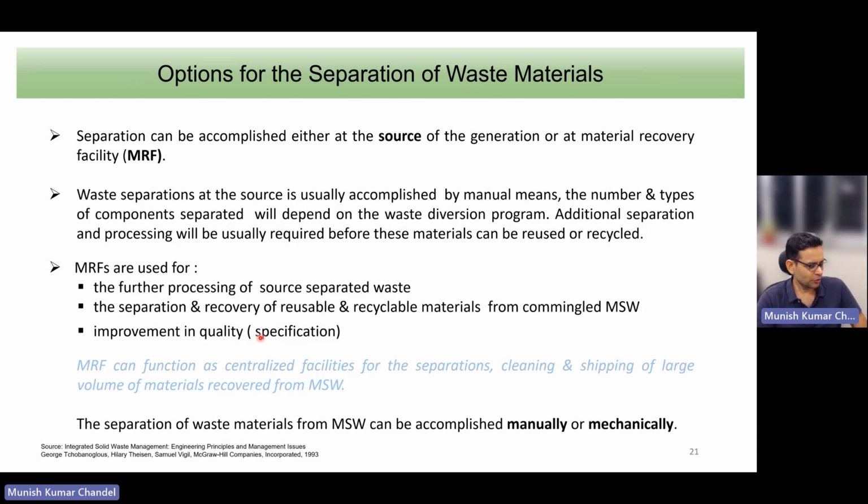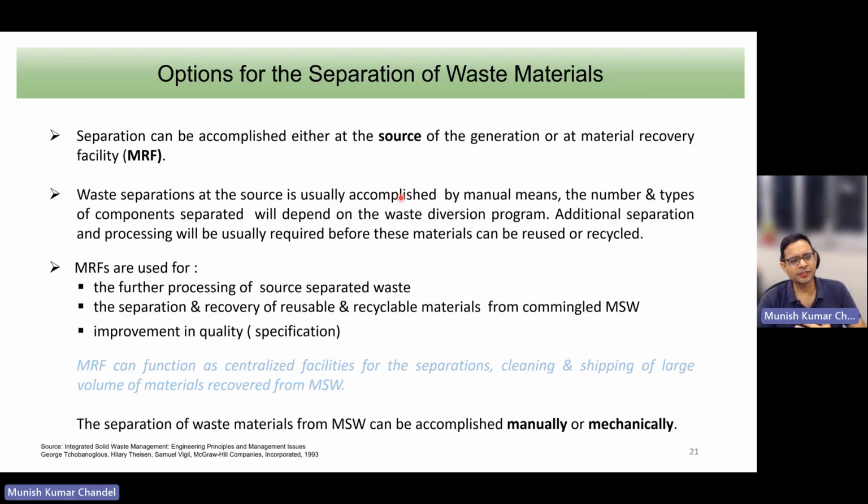So when we're talking about separation, we generally have separation which is done at the source level, which you must have studied in the previous lectures. And you also have separation of these materials at the facilities which we call material recovery facilities. So basically, material recovery facilities are largely the larger ones. That source can be your house or a society where you are separating the waste.